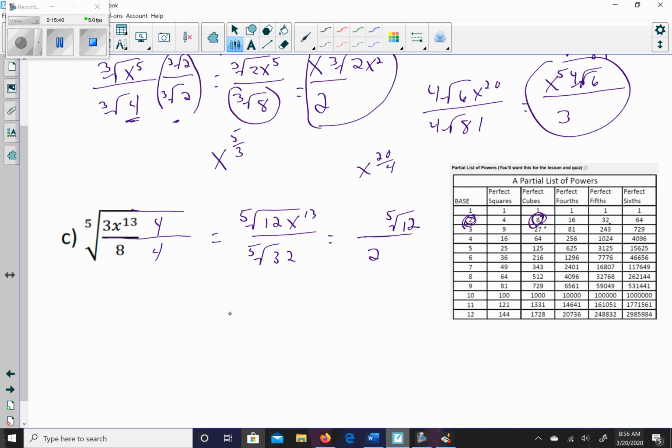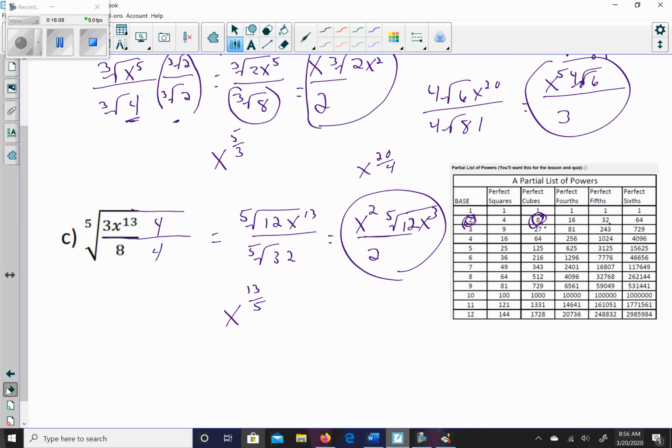Then I'm going to take my variable x raised to the 13/5 power. Again, 5 will go into 13 2 times, so this will be x squared that I can bring on the outside. When I do that, I have a remainder of 3, so this will be x to the 3rd, and that's my final answer.